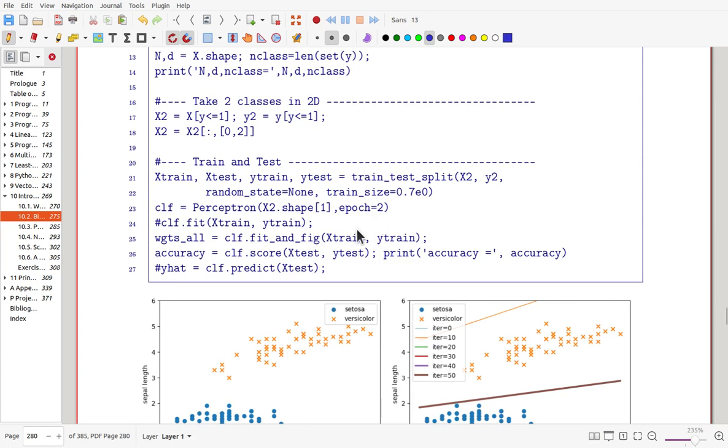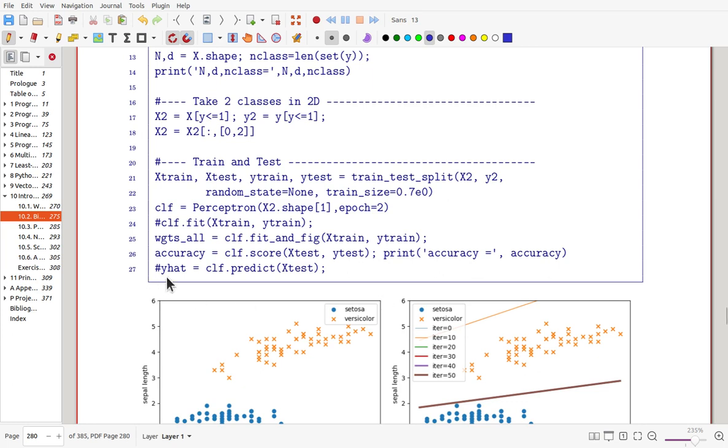That is enough. You can call the classifier's fit, but rather than fit, we use fit and fig so that we get all the weights. And accuracy can be obtained by calling the score method, and you can print it out. For that one, the output accuracy is 1.